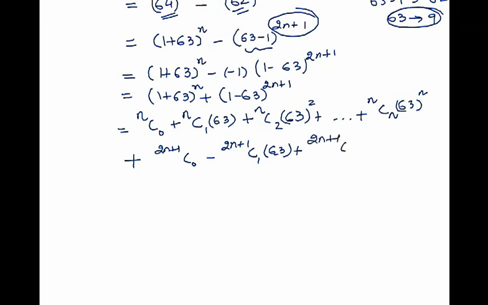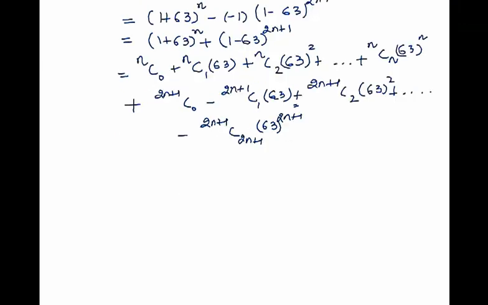Then we get (2n+1)C2 63 square, so the negative sign of the 63 will turn out to be positive, so we are getting a positive here, and it will go till we get minus (2n+1)C(2n+1) 63^(2n+1).